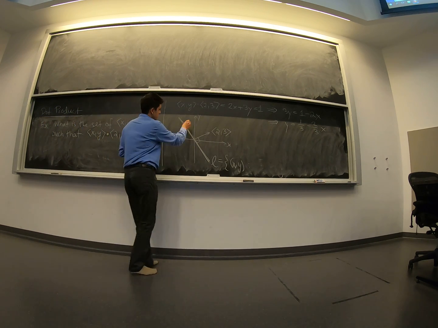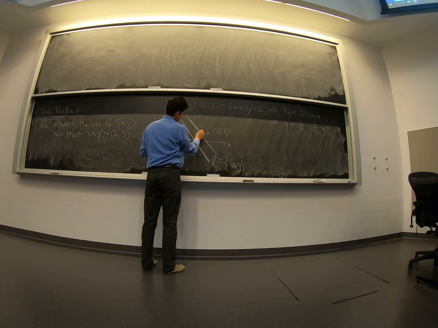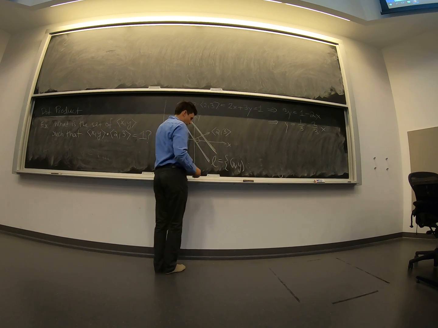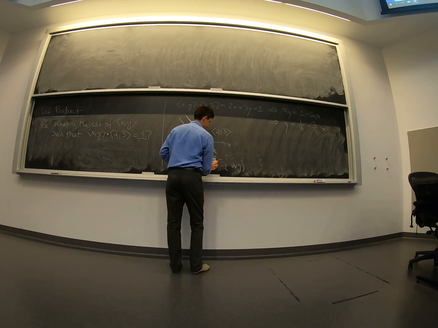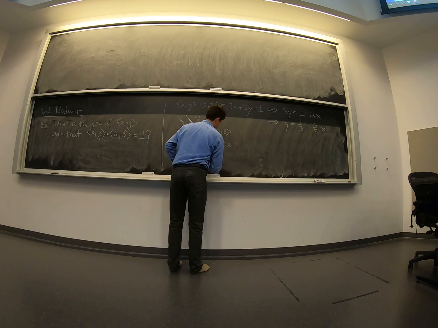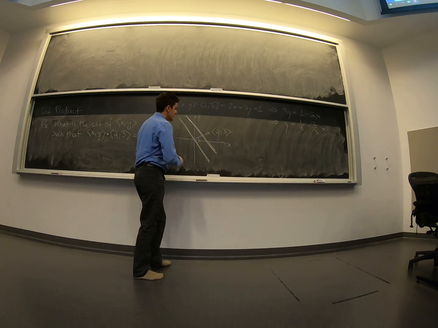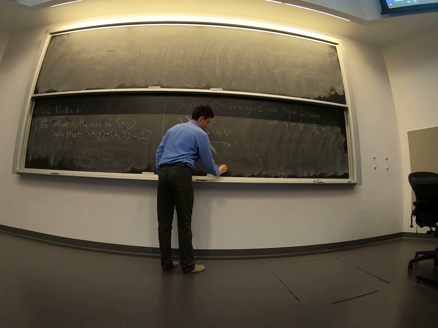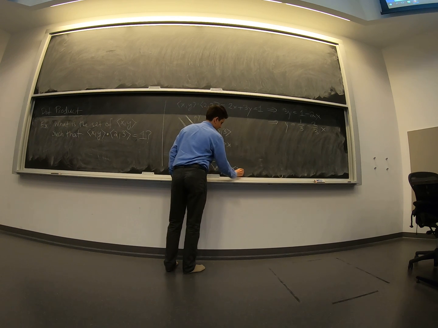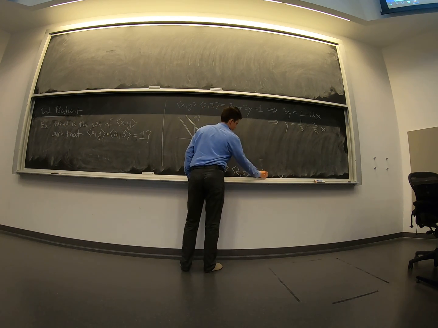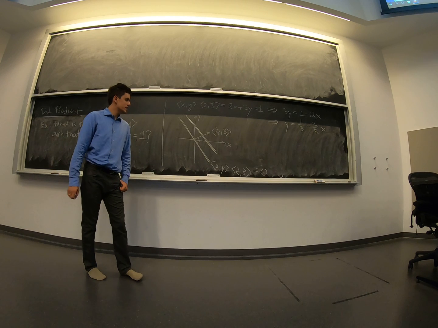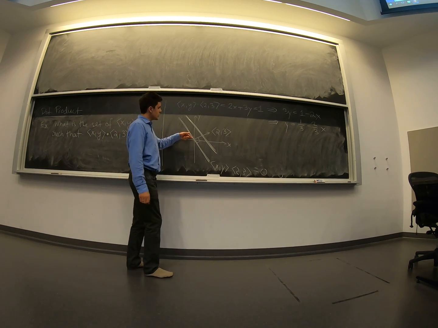Okay, so we get a different line like this. Okay, so this lower guy is where we dot to 0, and that's orthogonal.